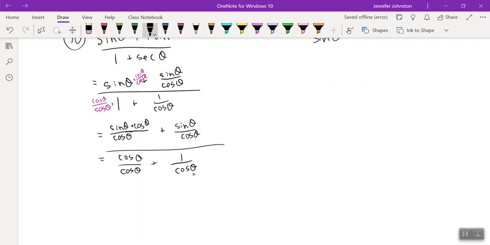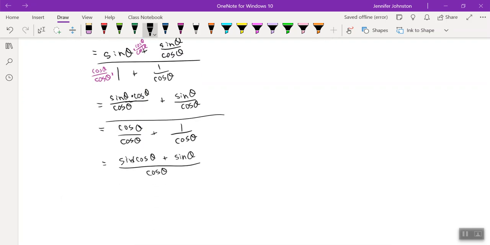All right, let's bring some of these together. So we have sine cos plus sine all divided by cos. So all I'm doing here is bringing the numerator of like this term together and writing it under the same common denominator.